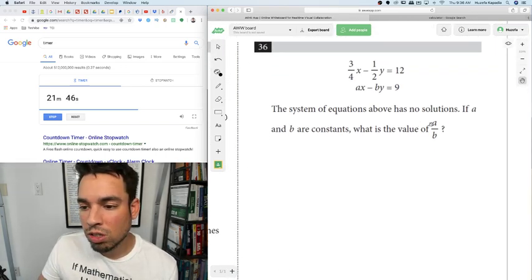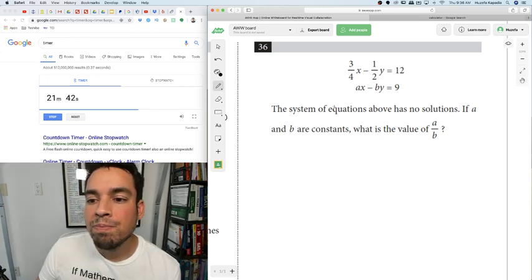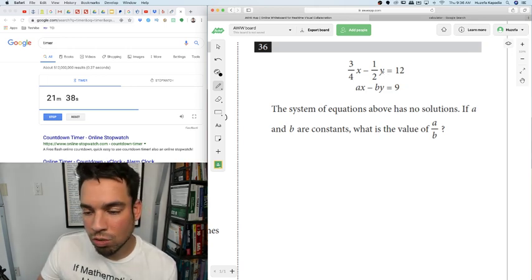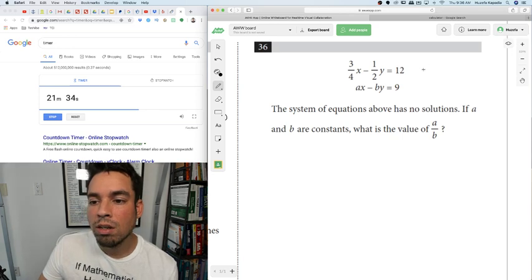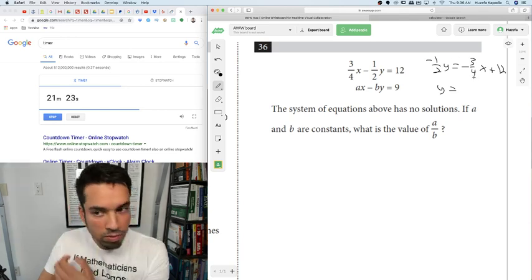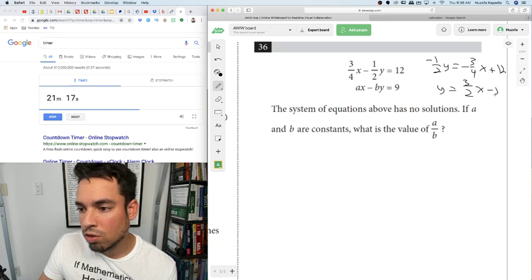This system of equations has no solutions. If they have no solutions, then these 2 lines have the same slope and different y-intercepts. What is the value of a over b? Okay, first I'm going to get this into y-intercept form on top. So then it's negative 1/2 y equals negative 3/4 x plus 12, multiplied by negative 2, y equals positive 6/4, which is 3/2 x, minus 24.